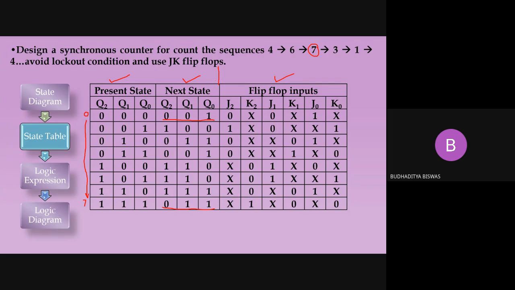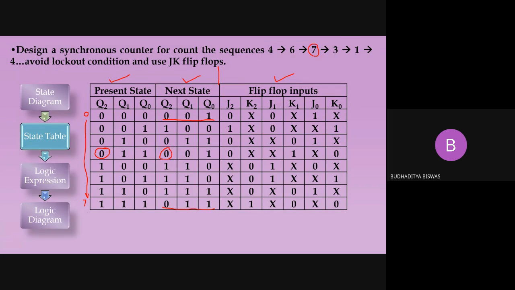Then from the excitation table of the JK flip-flop, we need to fill in the flip-flop inputs very carefully. Don't make any mistake in any of the fields, or your circuit will definitely malfunction. Like this one: Q2 is 0 in the present state, and Q2 will be 0 also in the next state.